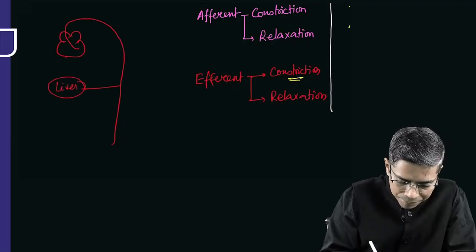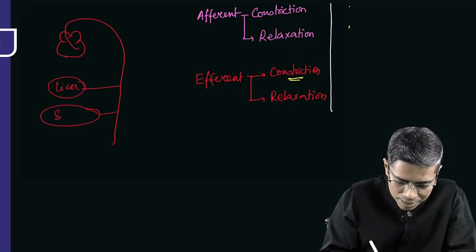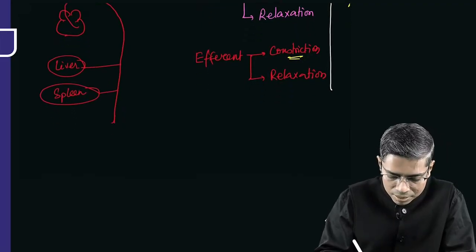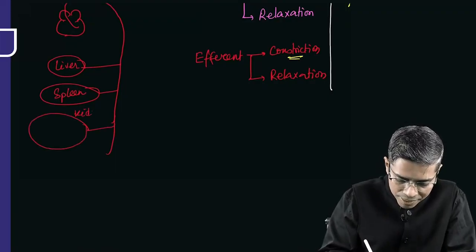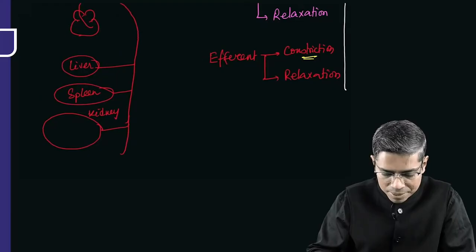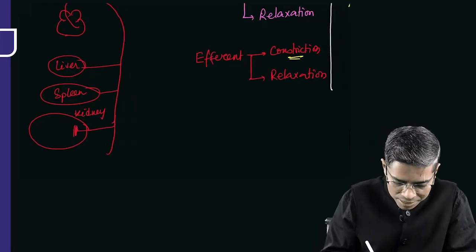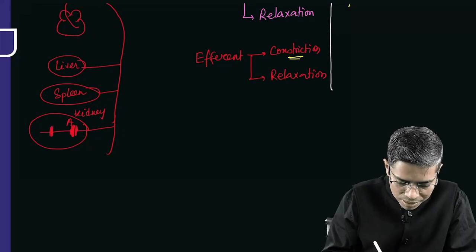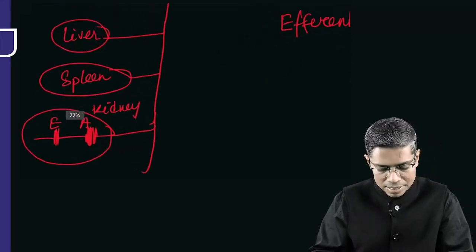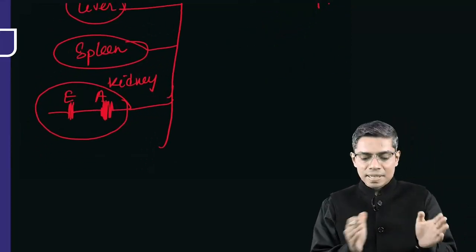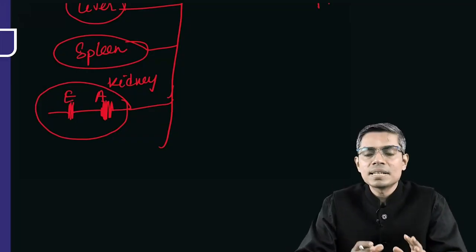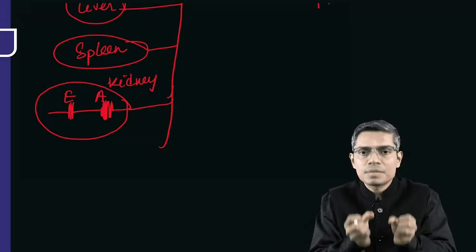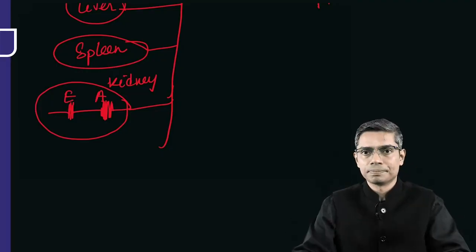Suppose this is liver, it is supplying the spleen also, and other organs also, and in between the kidney is also there. Inside the kidney we have seen that there are two resistance vessels, one of them is the afferent arteriole and one of them is the efferent arteriole. Getting my point? Getting the diagram? Afferent and efferent arteriole, both are resistance vessels, both of them are located inside the kidney, and the heart is pumping blood through every organ, right?